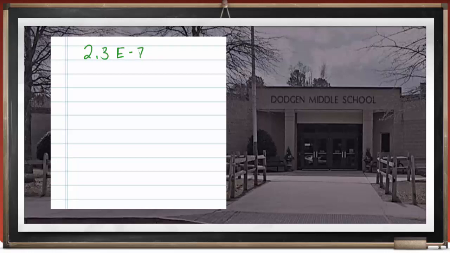So my 2.3, we know our decimal is going to move to the left 7 times. 1, 2, 3, 4, 5, 6, 7. So that's my new decimal place.